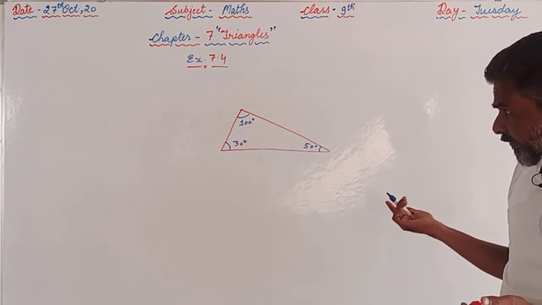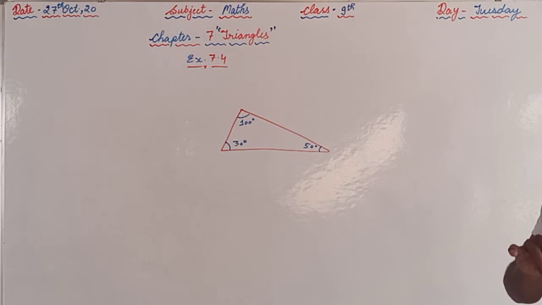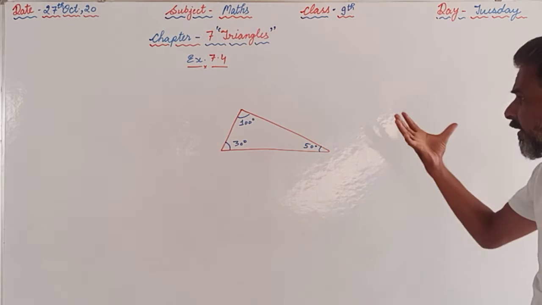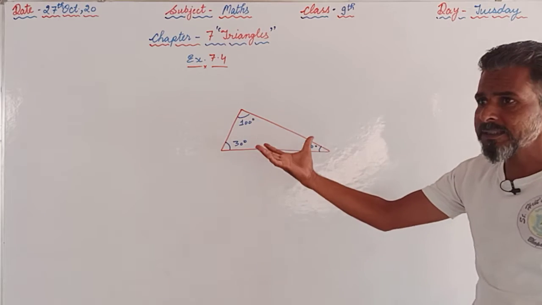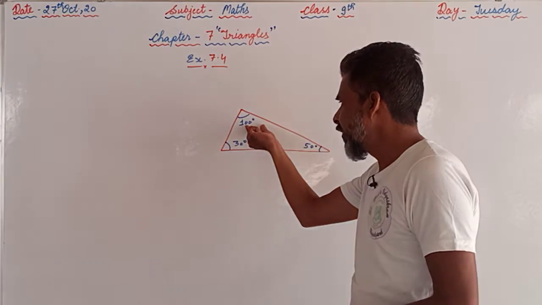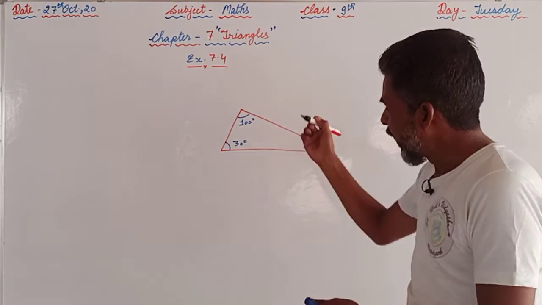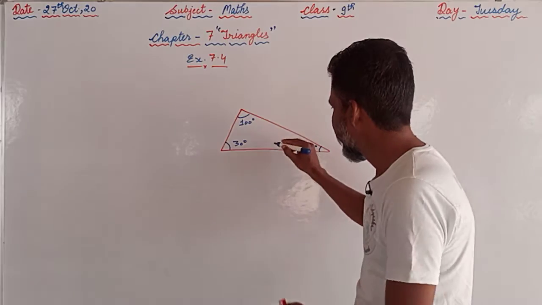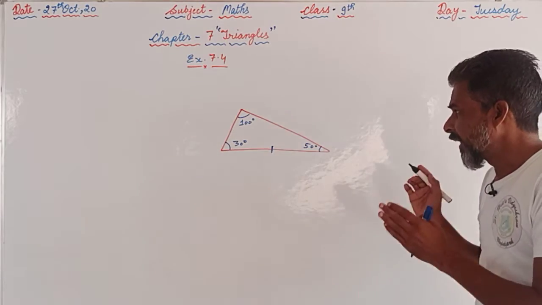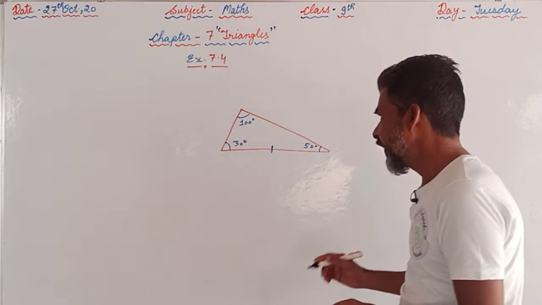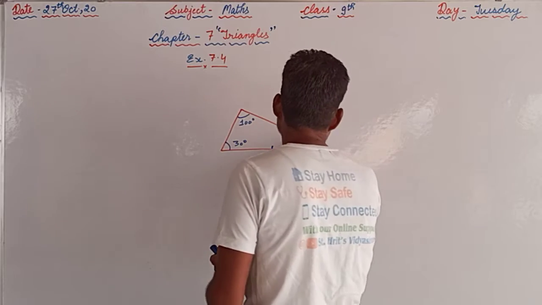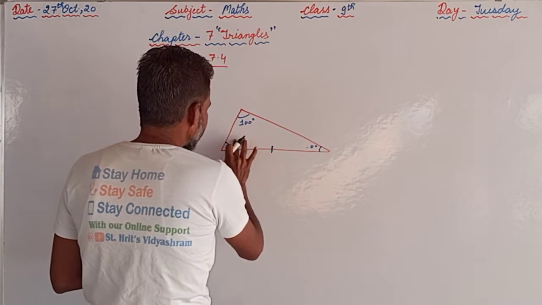According to this exercise we are supposed to use the inequality in the triangles, means the side opposite to the largest angle will be the longest one. Which one is the largest angle? That is the 100, and the side opposite to the 100 degree angle is this one. So this one will be the longest side of the triangle. At the same time, this will be the 30 degree angle and that will be 50 degree.